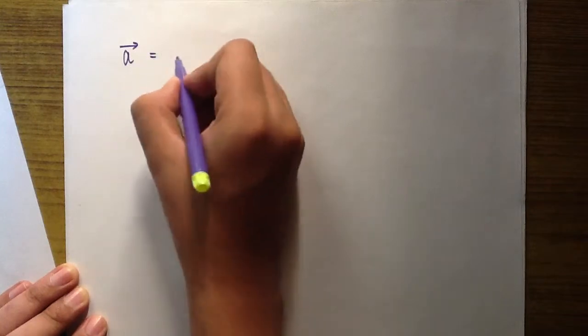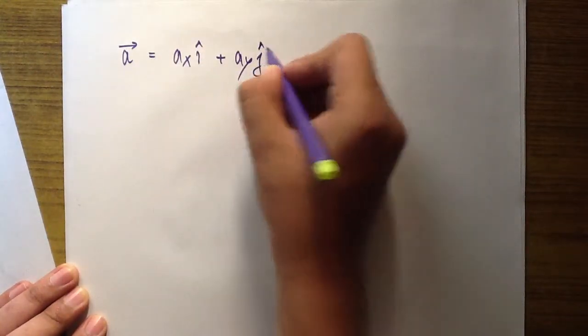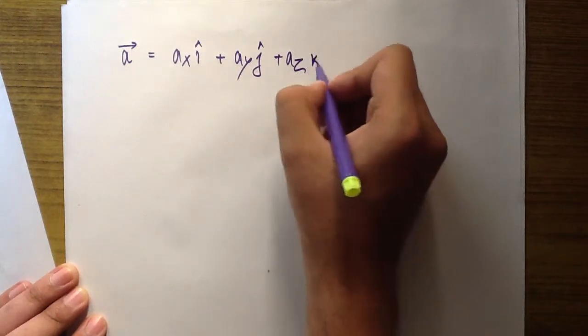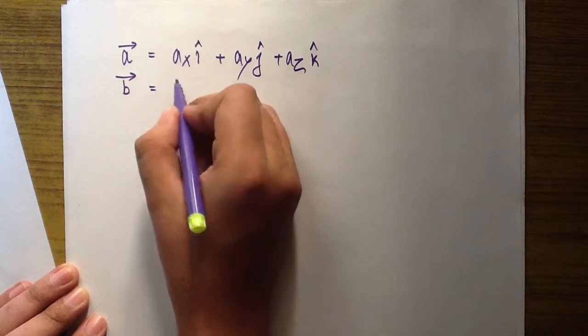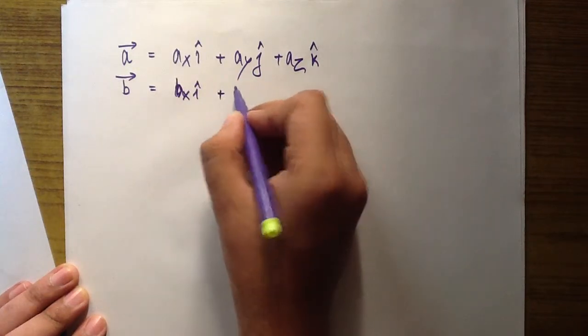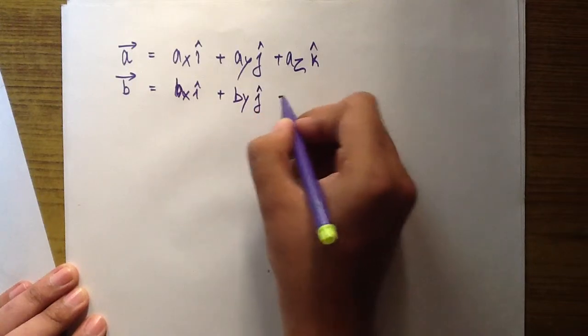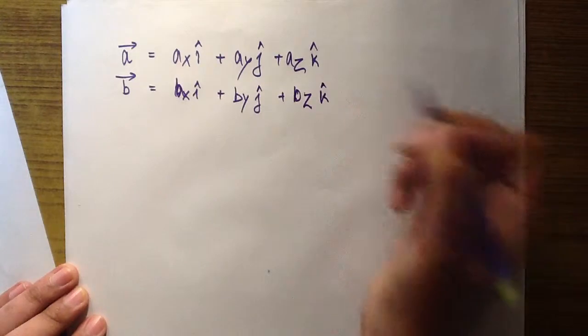Now, usually when we have orthogonal coordinates we represent a vector like this: ax i cap plus ay j cap plus az k cap. Similarly, B can also be represented as bx i cap plus by j cap plus bz k cap.